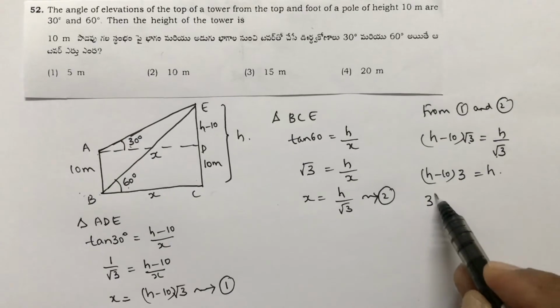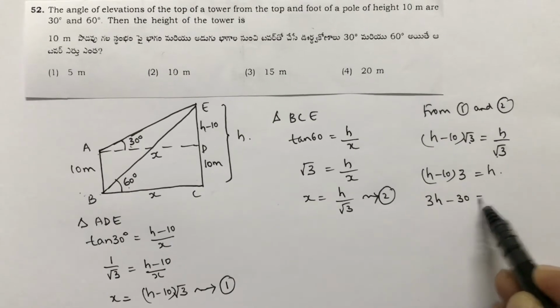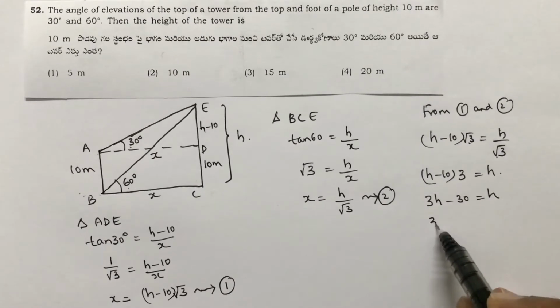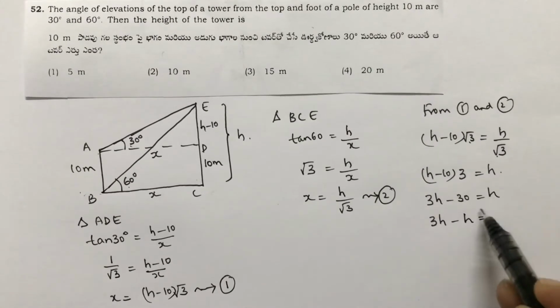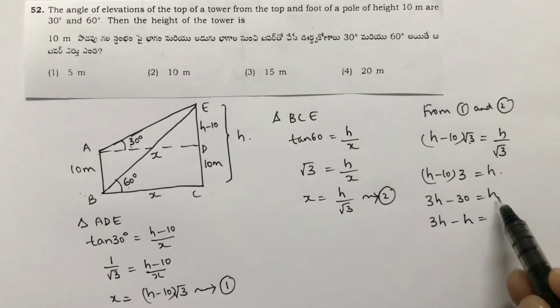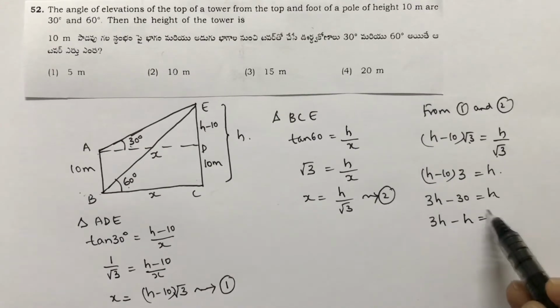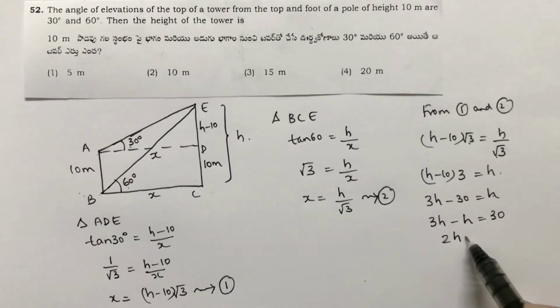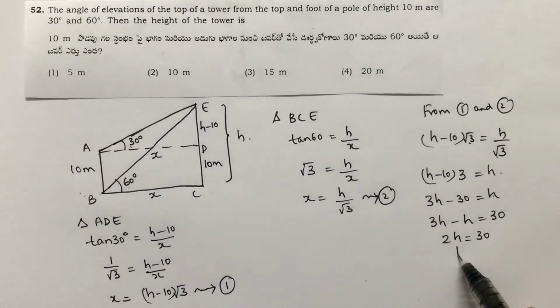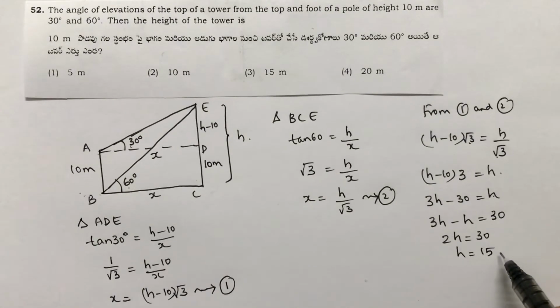So 3h minus 30 equals h. On transposing, 3h minus h, if we bring h to the left side, plus h will become minus h, and minus 30 if we take to the other side will become plus 30. So 2h equals 30, so h equals 15. 30 by 2, 15 meters.